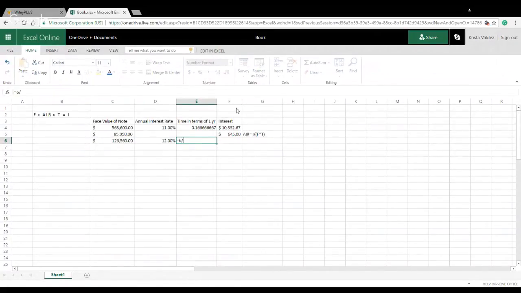So it's 6 months, which is equal to half a year, which is 0.5, and you follow the same formula. 126,560 times the 12% times the 0.5 to equal $7,593.60.